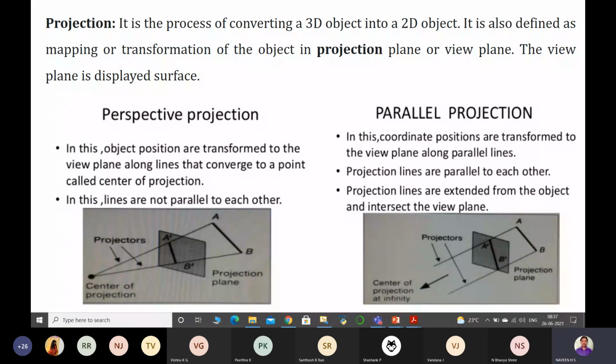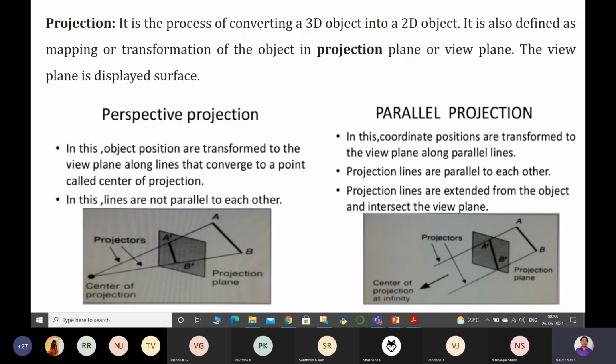We have already understood the projection plane, or a surface or a screen, related to output devices. So as of now, we have gone through all the two-dimensional concepts.